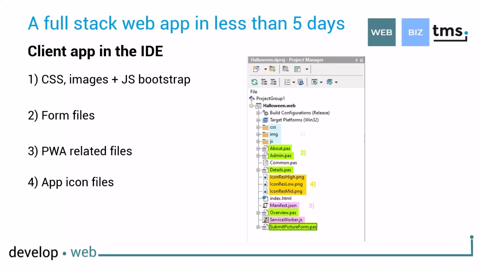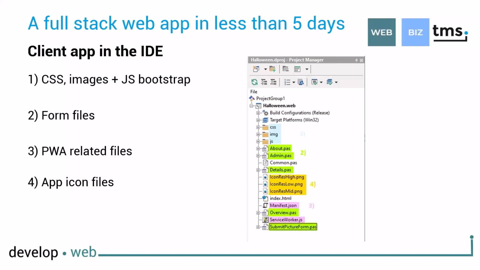In orange, you can see the files that make up the icon for your application, the icon that will go onto your mobile device home screen when you install it. You can see 3 versions of this icon here, used depending on the resolution of your smartphone or mobile device. In pink, you can see 2 files, the manifest.json file and the serviceworker.js file.